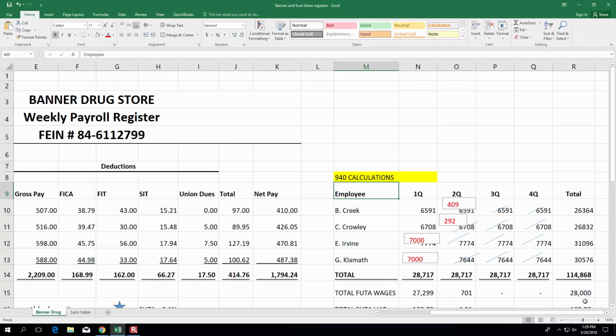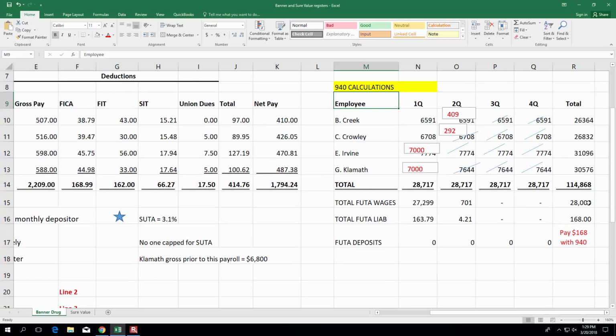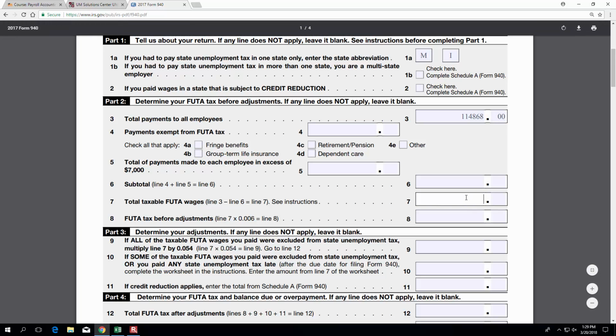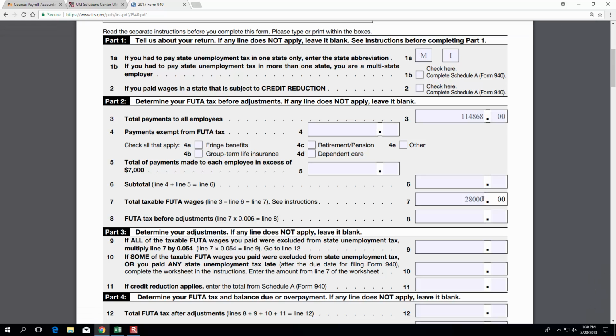Again, that's just the 28,000, right? The totaled up these numbers. So then really the difference between the 114,868 and 28,000 is the only calculation that we have to do. Everything else came straight from our matrix.